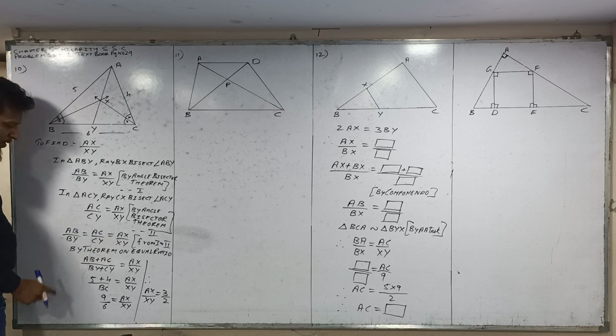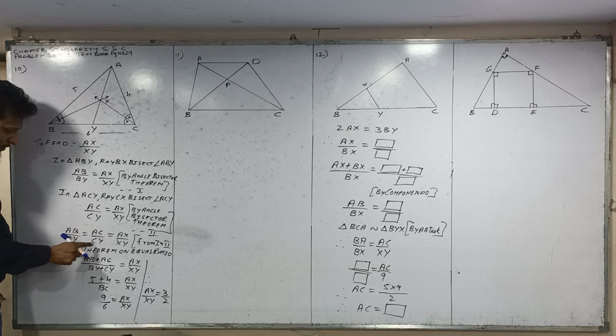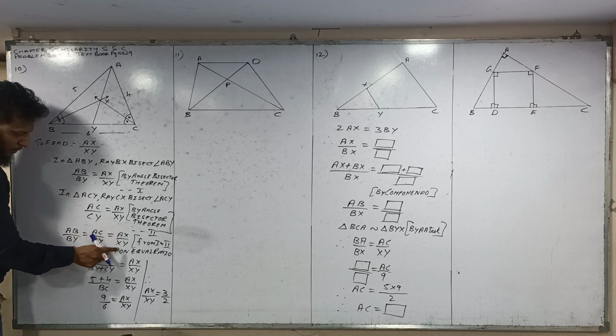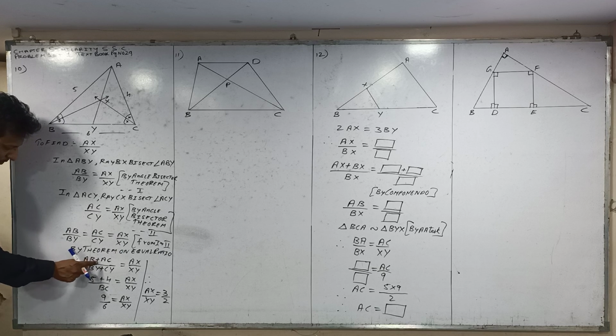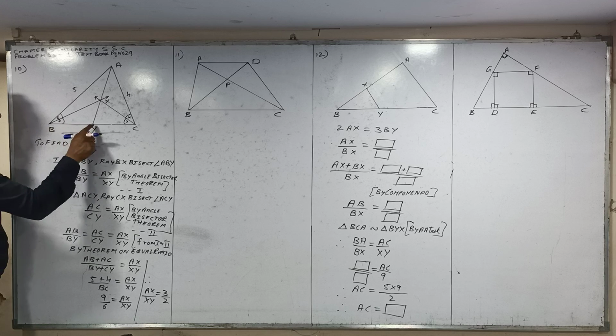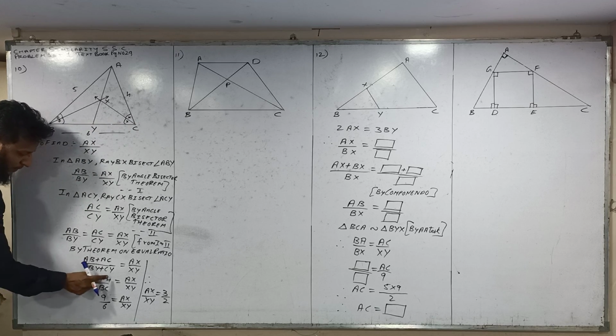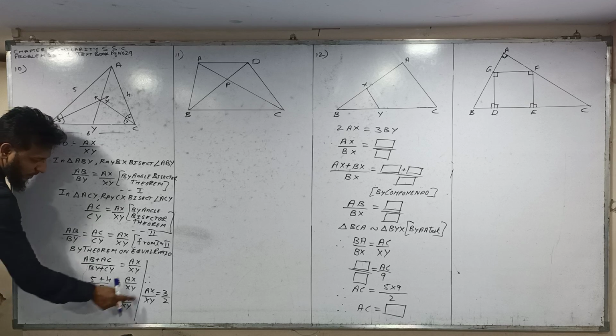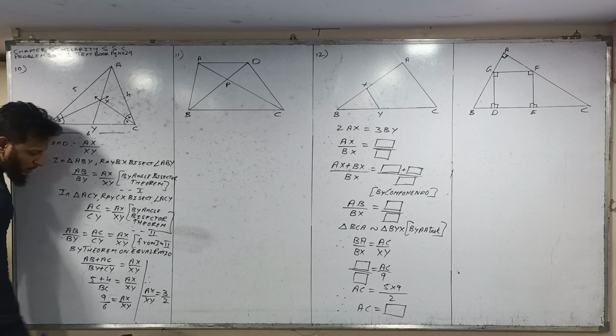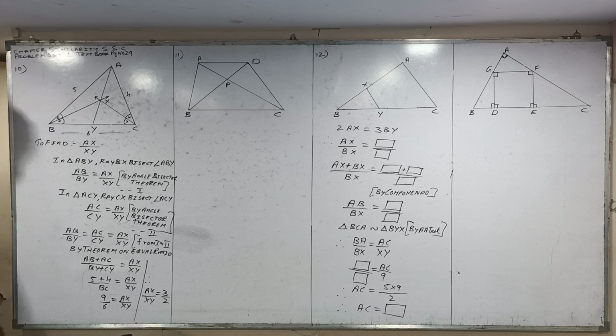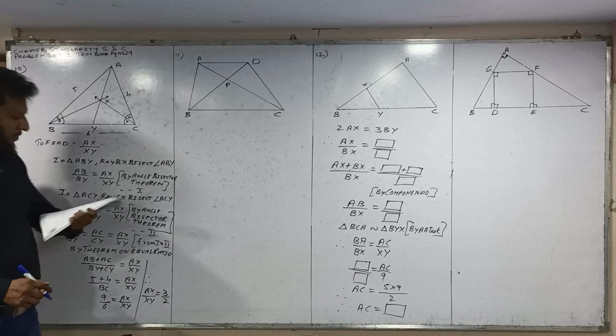All these three are equal by the theorem on equal ratios, AB plus AC, BY plus CY is equal to BC. So BC is 6 and 5 plus 4 is 9. Cancel this, AX upon XY is equal to 3 upon 2.